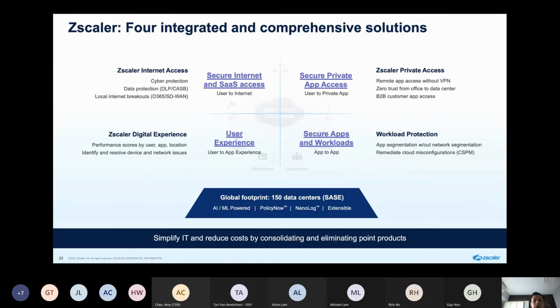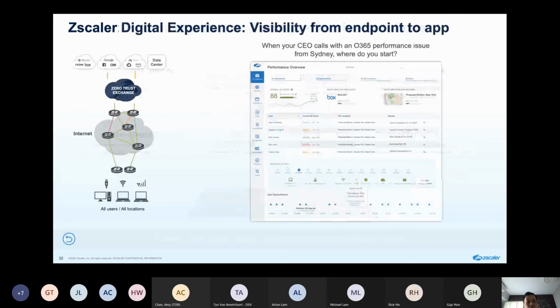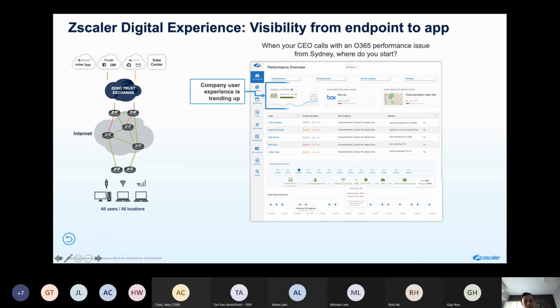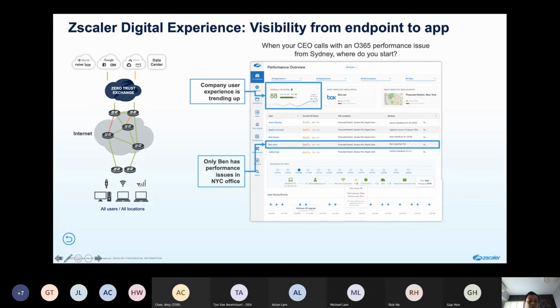The third area is probably not exactly related to security, which is about digital experience. What we are seeing is that lots of enterprises, after they adopt digital transformation, face challenges understanding which application is working well, which SaaS application is not working well, and probably which user has issues when trying to access applications sitting in the cloud or internally.